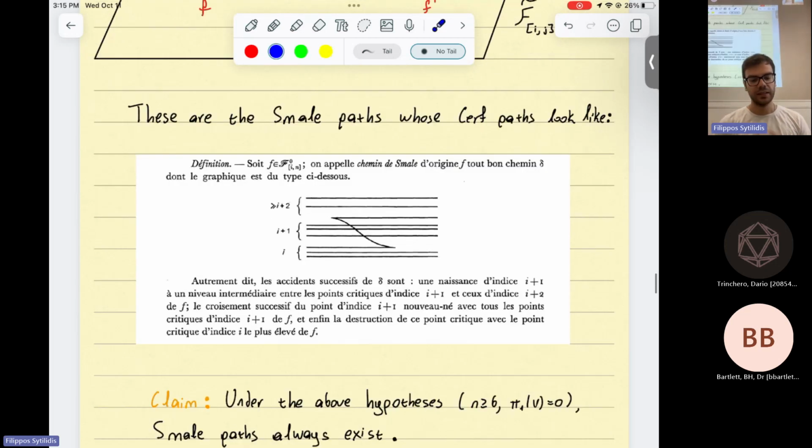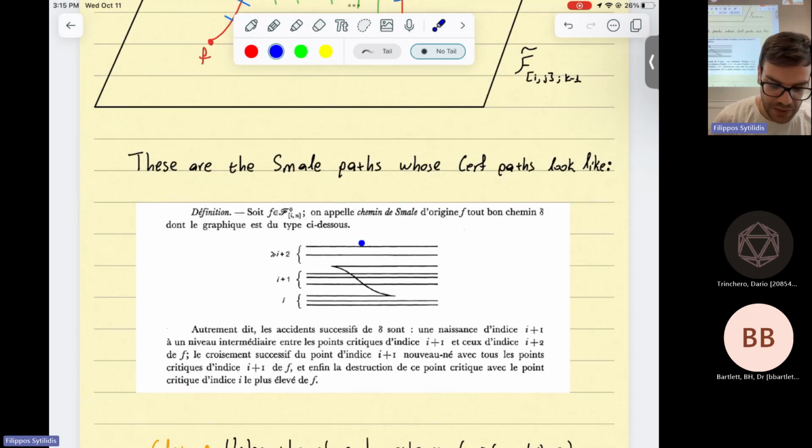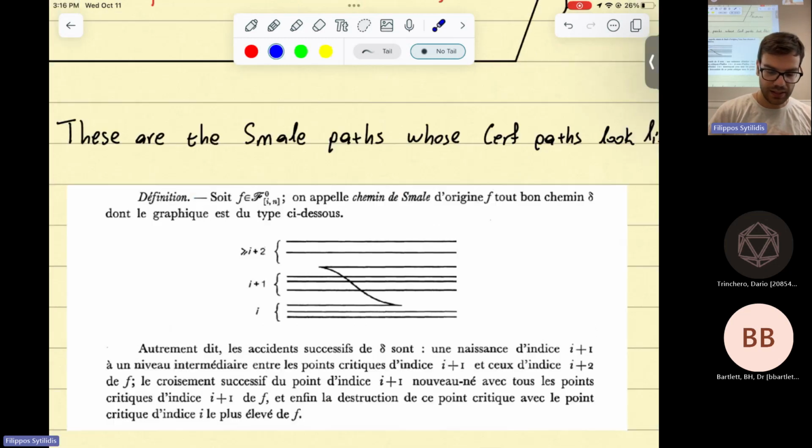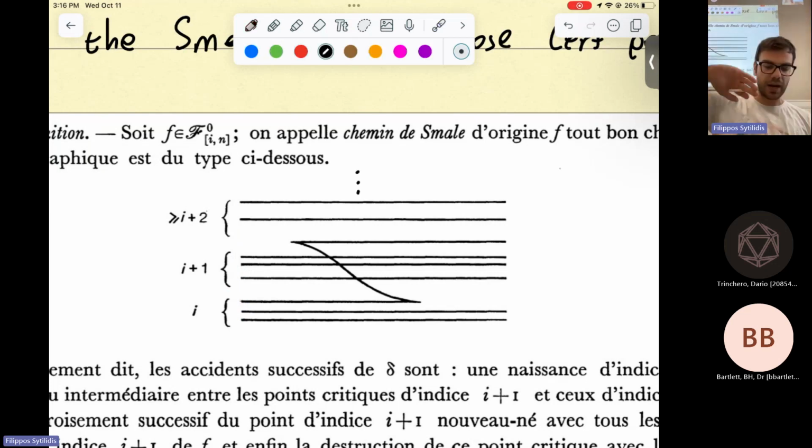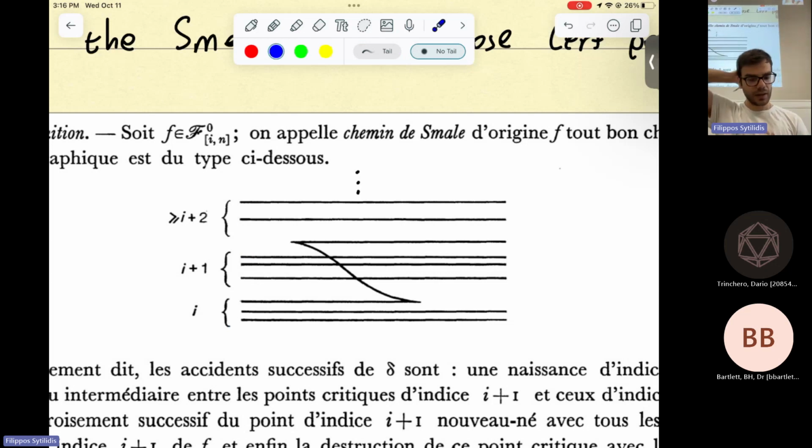So the first thing that we see is that Smale paths are paths which have a graphic like this. What does that graphic do? We start with a function, and the function that we start with, let me say, there could be other critical points above. But the function that we start with has, say, i plus 1, i plus 2 critical points.